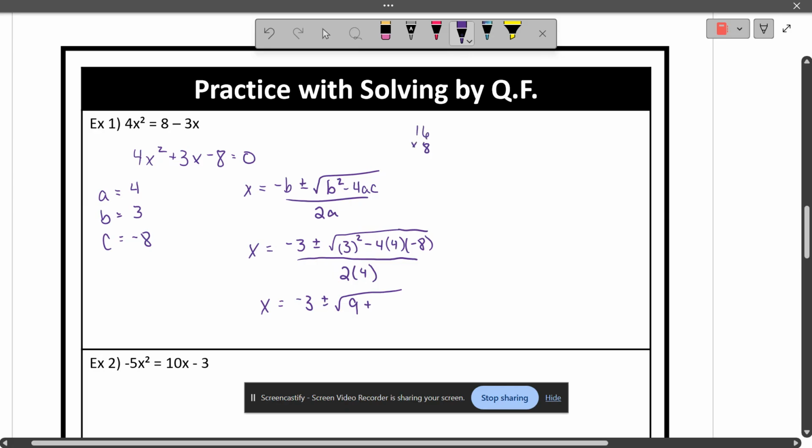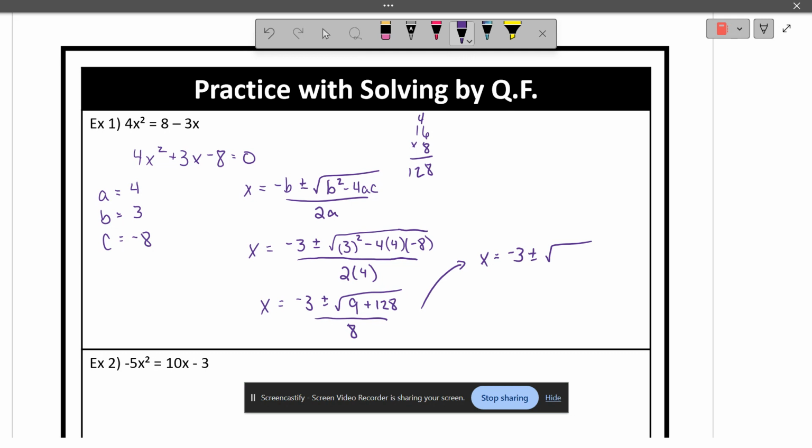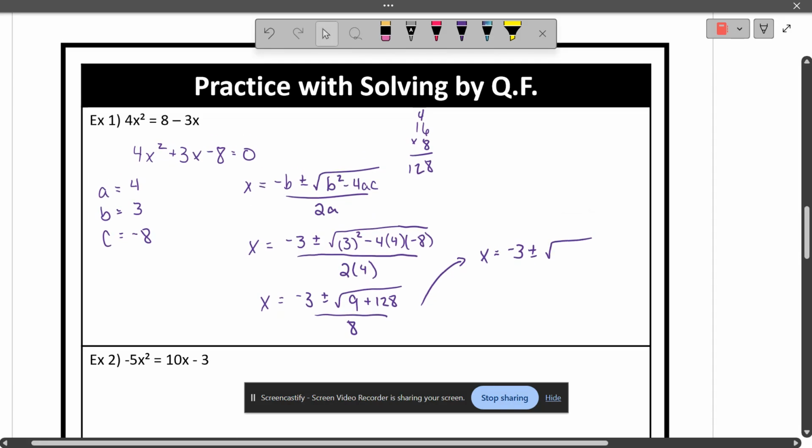I do not have a calculator with me right now, so I'm going to do this freestyle. So 16 times 8 is 128, all over 8. x is equal to negative 3 plus or minus the square root of 137, all over 8.